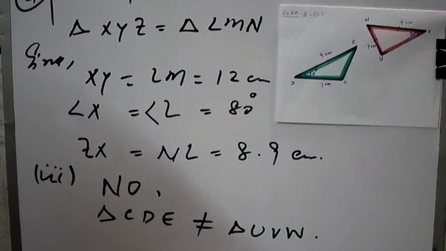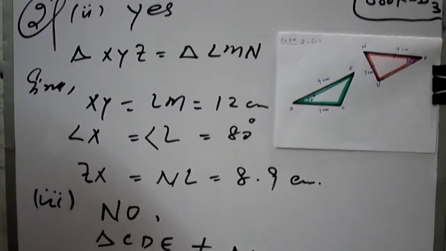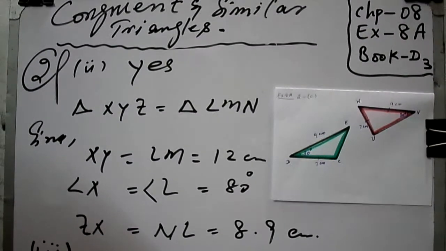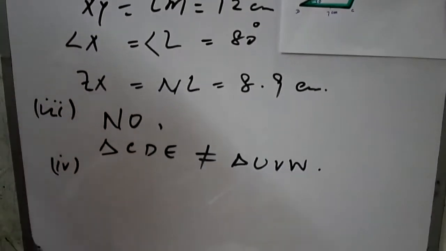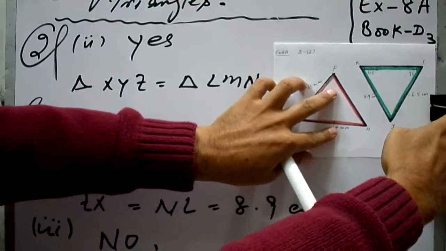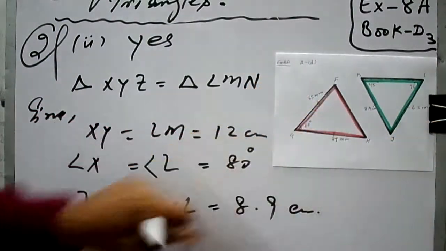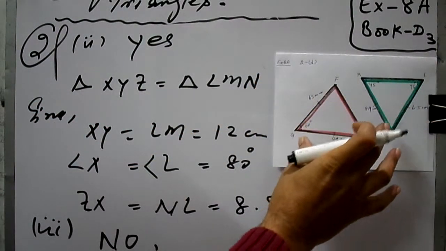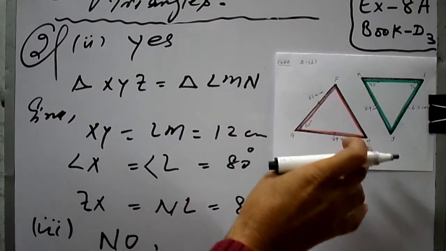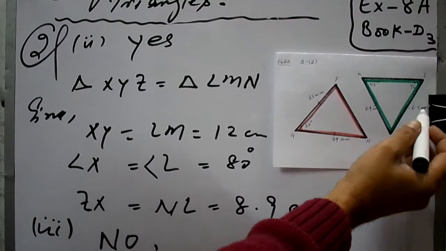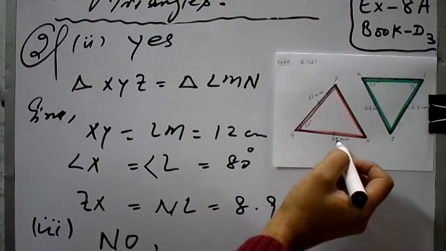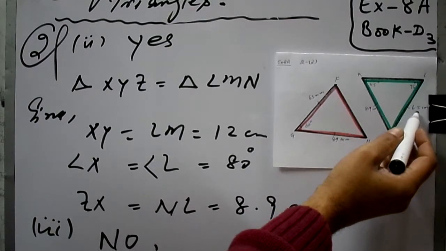Similarly, in another part, that is the fourth part, part D, after the judgment we can say that both the triangles are similar, because this is given in centimeters, but you should convert this into millimeters.